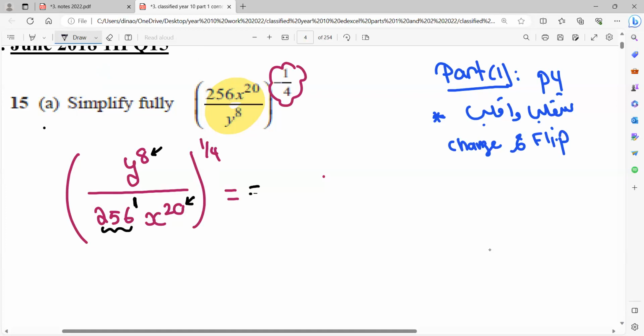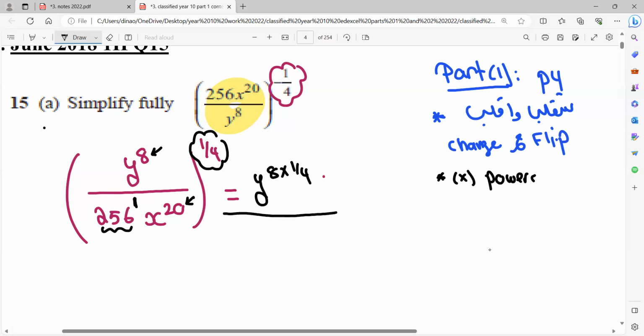So what I do is that, please يا جماعة, I multiply the powers. So in this case, actually I'm going to do it in details. هتبقى y to the power of 8 times 1 over 4.